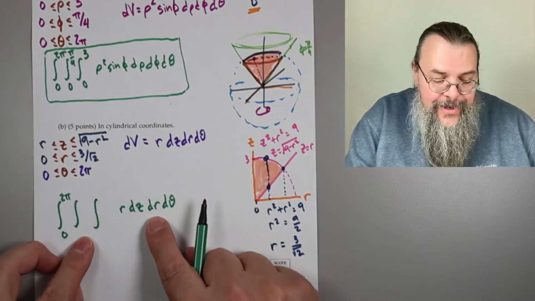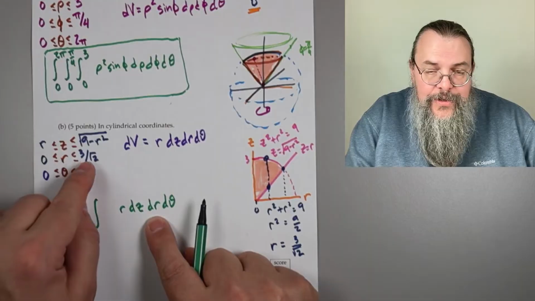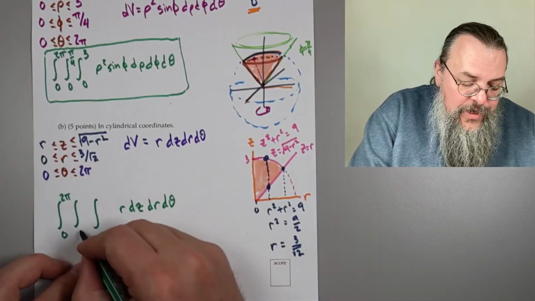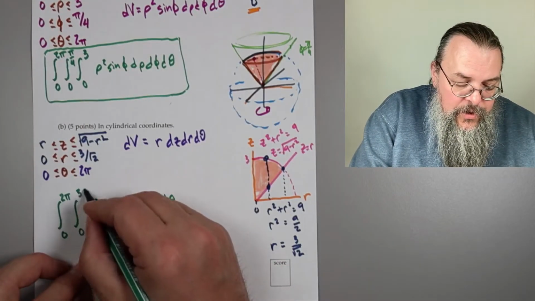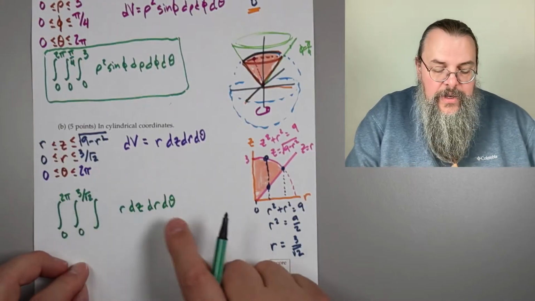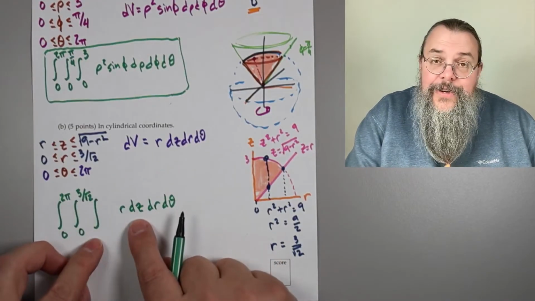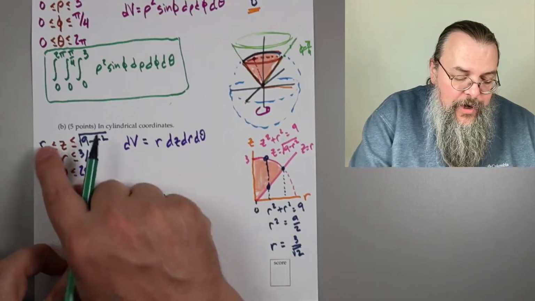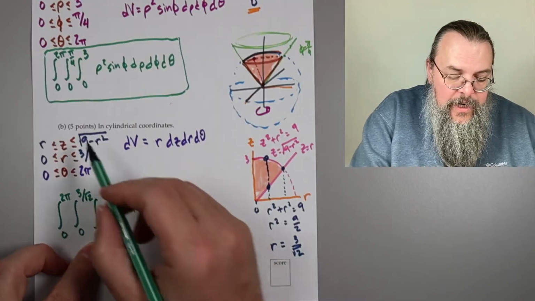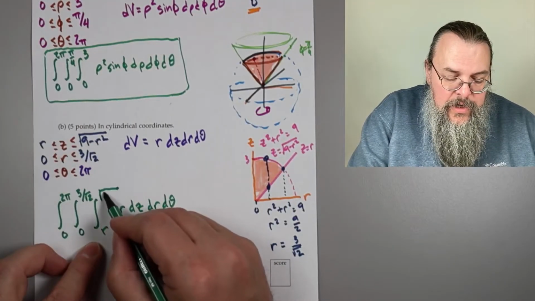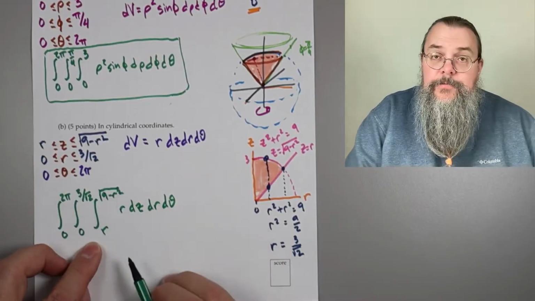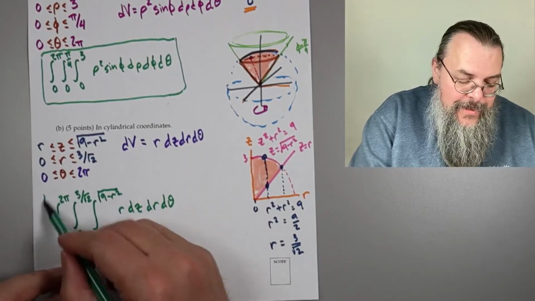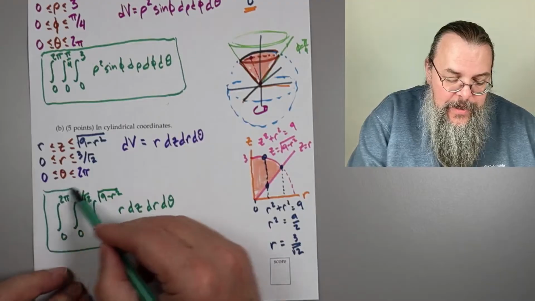Next layer, r goes from 0 to this number, 3 over square root of 2. All right, great. Next layer, z. Z goes from r up to square root 9 minus r squared. And we're done.